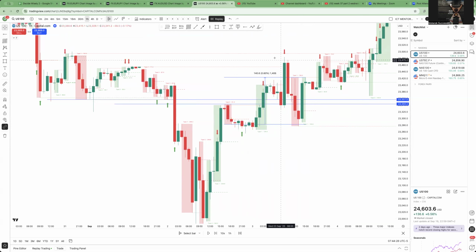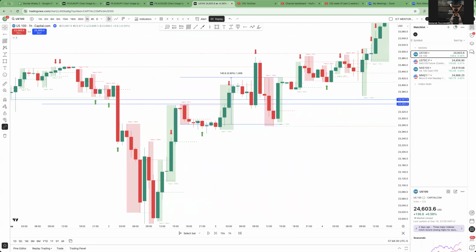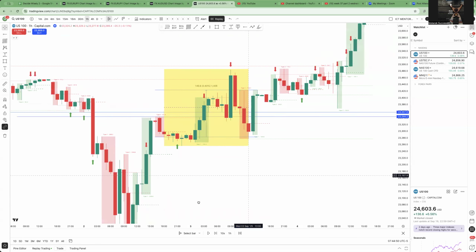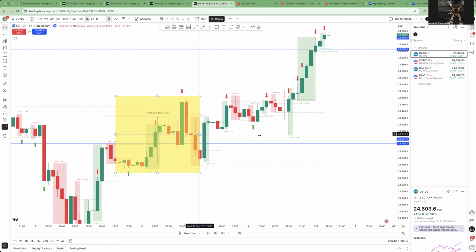Look at this. If you see this area of price, I'm going to put a box here from here to there. It's nice. Price went up, but what happened? Price was ranging there, went up, came back. Why? Because of this small space. What happened after we broke through this?